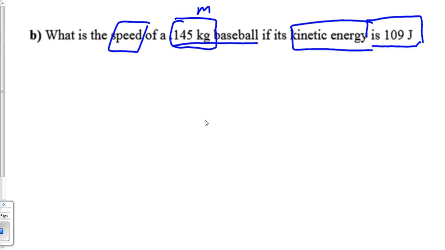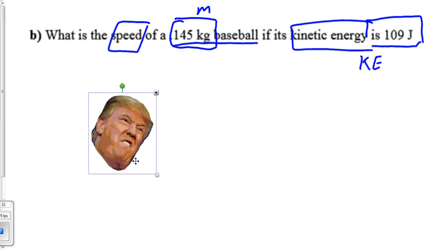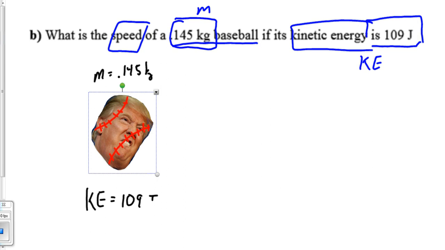0.145 is a mass, and it's giving me a kinetic energy. So let's say, well, we could turn Donald into a baseball. Hold on, we could just do like a little. So if a baseball of mass 0.145 kilograms has a kinetic energy of 109 joules, what is the speed?